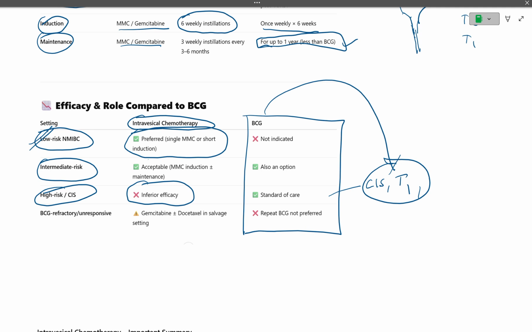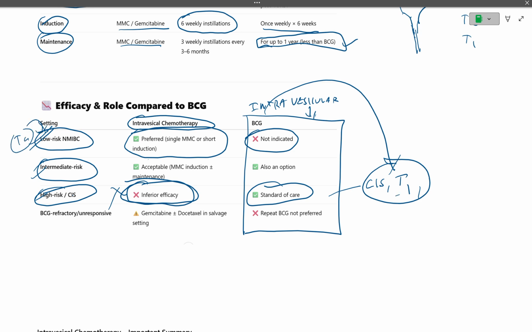If it is intermediate risk and high risk, intravesicular chemotherapy has shown inferior results. BCG is not indicated in low risk, but is indicated in high risk carcinoma in situ or T1. In Ta papillary, chemo is better.